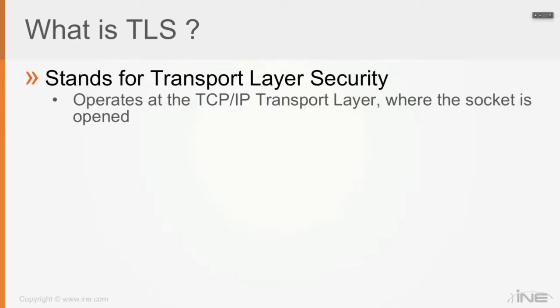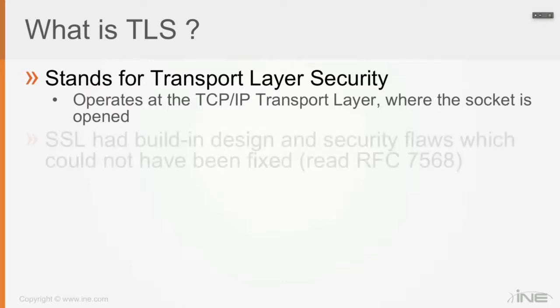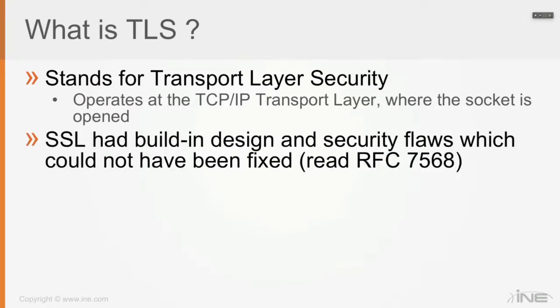Now, why did we come up with TLS? SSL had built-in design and security flaws which could not be fixed based on how SSL was designed. If you want more information on that, you can read RFC 7568. It's not a hard read, it's an easy read. It's a small RFC which just outlines a couple of the problems, both security and flaws, of SSL.